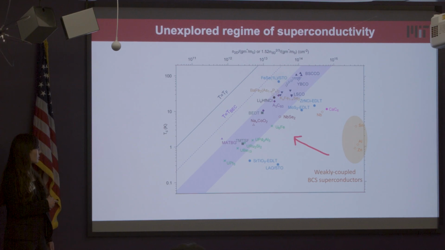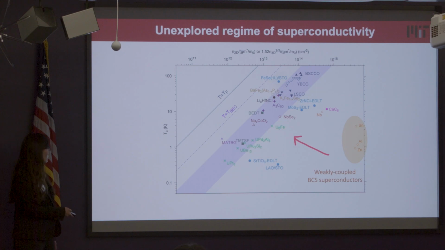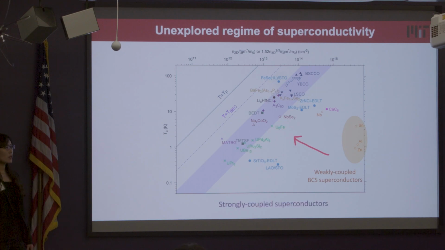So these superconductors are generally driven by mechanisms that are far stronger than these weakly coupled superconductors. So they are called strongly coupled superconductors. And many of these materials are also driven by strong electronic correlations as well.